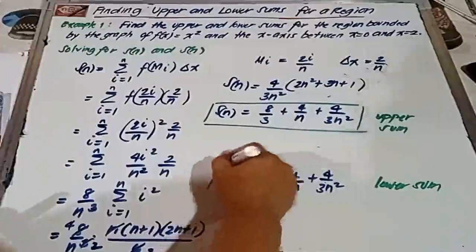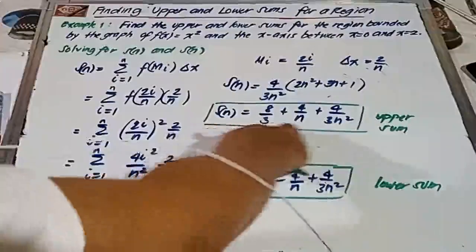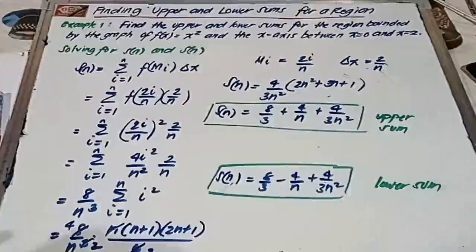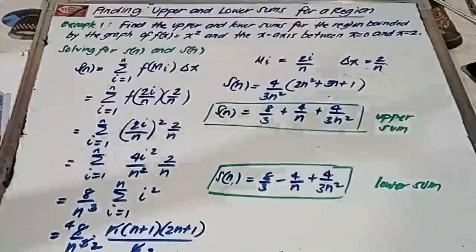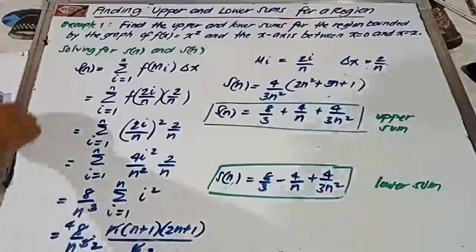Okay? Now, tingnan natin if we're going to get the limits of this function as n approaches infinity. And we're going to come up with a value na similar yung ating lower and upper sum. Tingnan nga natin. So, determine natin yung limit niya.